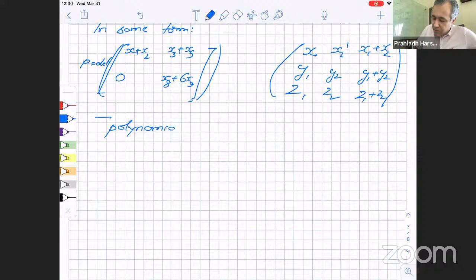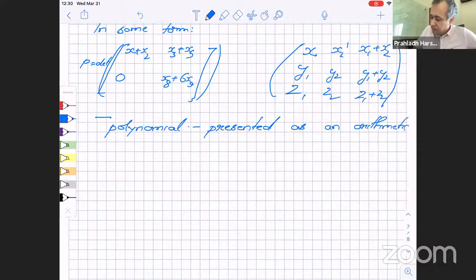One way of presenting the polynomial is as an arithmetic circuit. What do I mean by that? An arithmetic circuit is similar to a Boolean circuit.